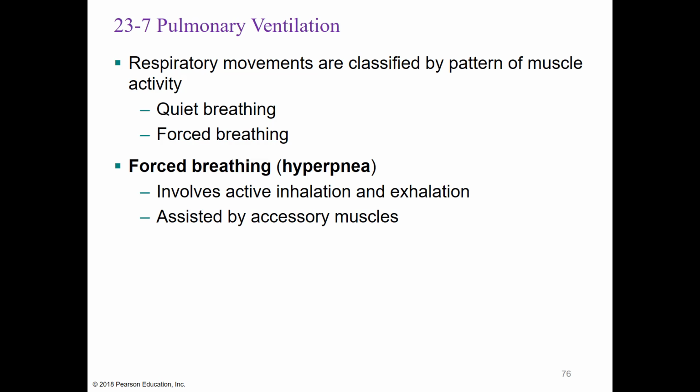Respiratory movements are classified by pattern of muscle activity. So we have quiet breathing and we have forced breathing. Forced breathing first is also known as hyperpnea. This is going to involve active inhalation and exhalation, and this is when we're going to be using those accessory muscles that we just pointed out previously.